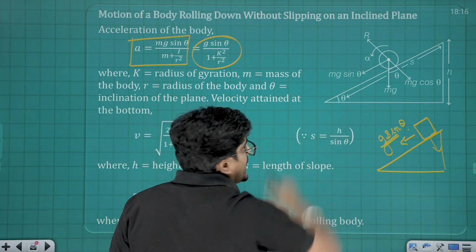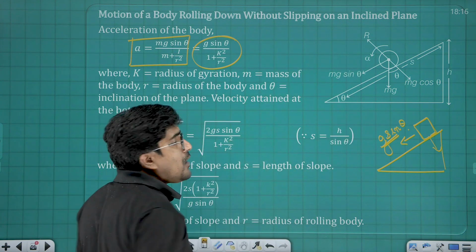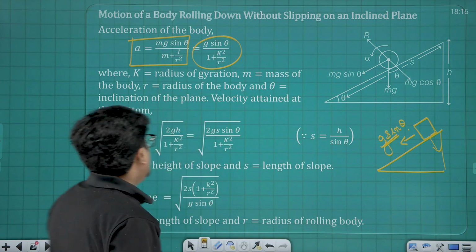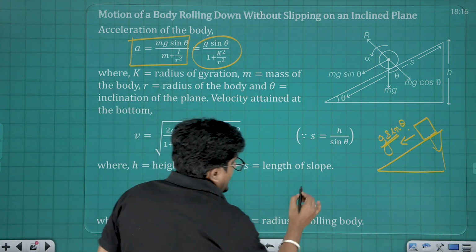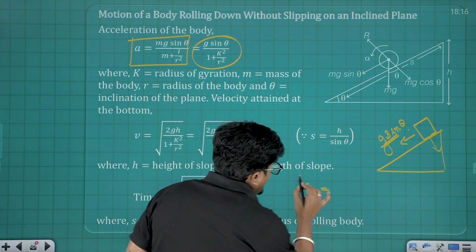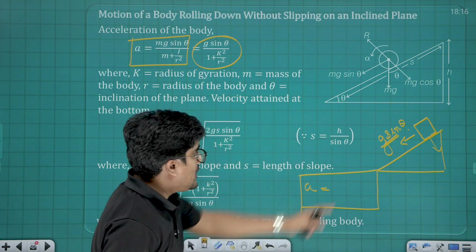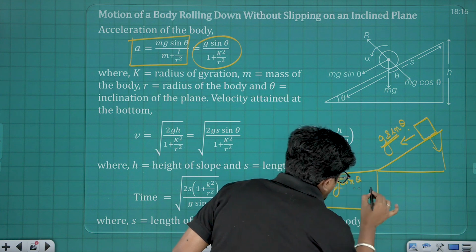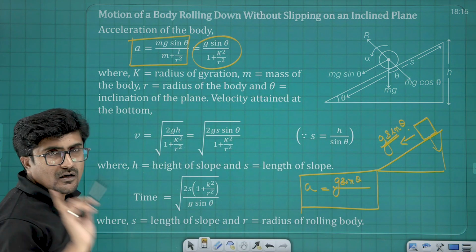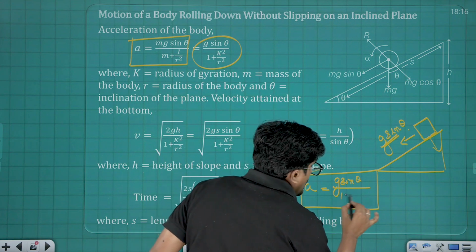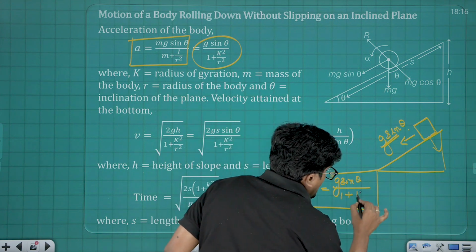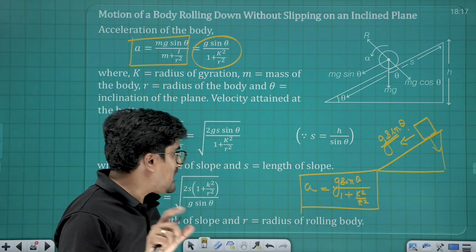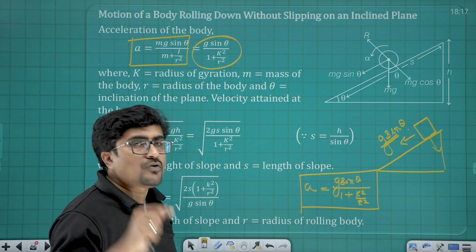Now for a body which is rolling down the wedge, making an angle theta with respect to the horizontal, the acceleration experienced by that body, a, is going to be, and this is very important, the same thing, that is g sin theta divided by 1 plus k square upon r square in the denominator, where k is the radius of gyration and r is the radius of the body.